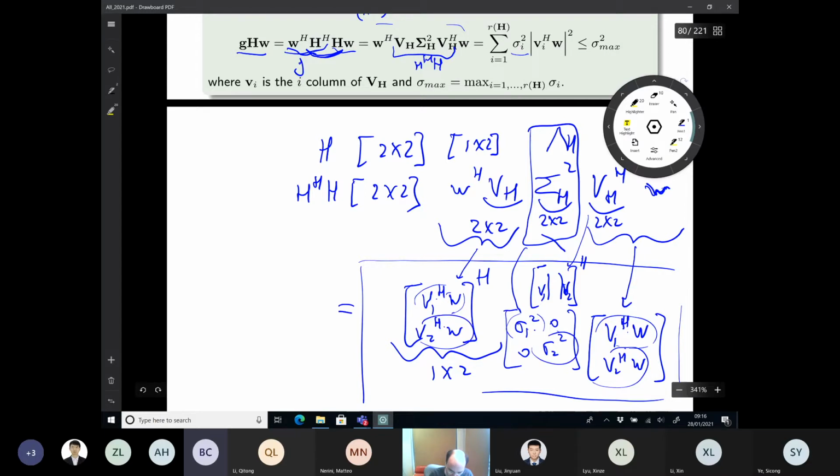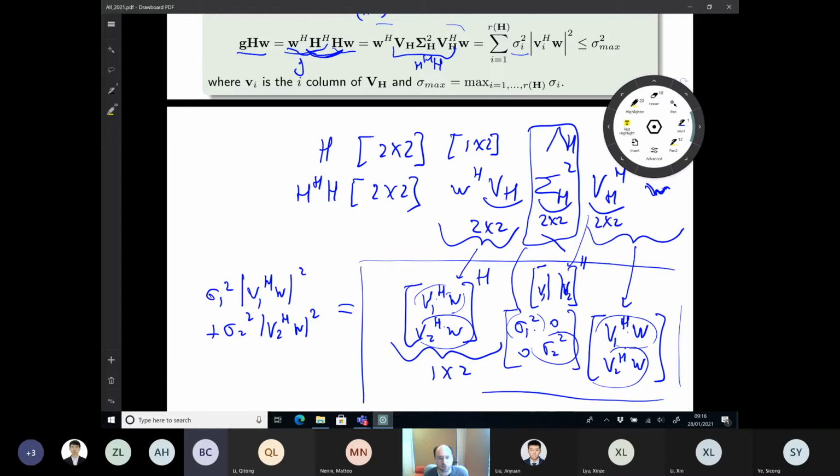So this is going to be equal to sigma 1 square V1H W square plus sigma 2 square V2H W square.